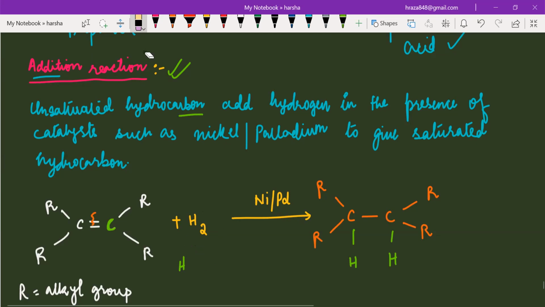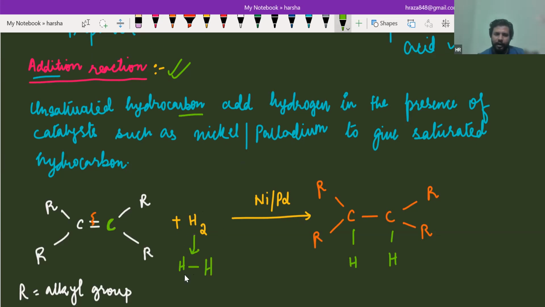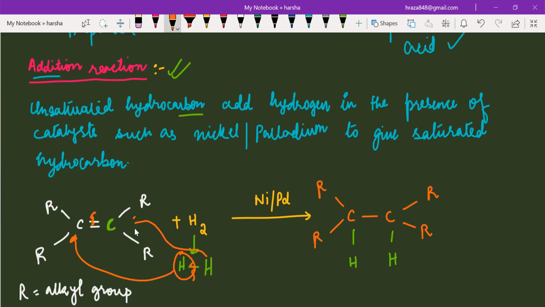Yes. I just showed that this H2, I'm going to write it like this, and I just broke the bond, and one of the hydrogens will go to this carbon, and one of the hydrogens will go to this carbon. Are you getting my point? Yes, sir.